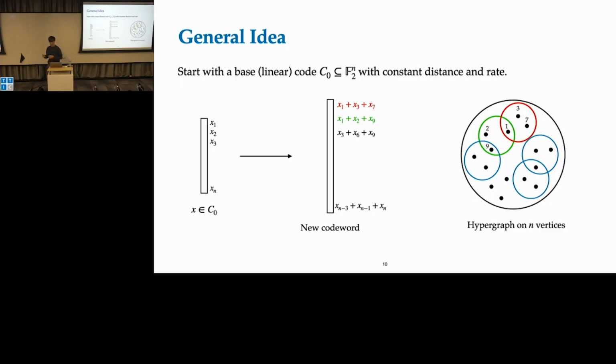The idea is that if we choose a suitable hypergraph, then we can somehow boost or amplify the distance of the base code. Remember, we are only assuming distance is some constant, maybe like 0.1. Perhaps this hypergraph somehow amplifies the distance all the way to something close to half. And of course, how we choose this hypergraph is the key innovation.